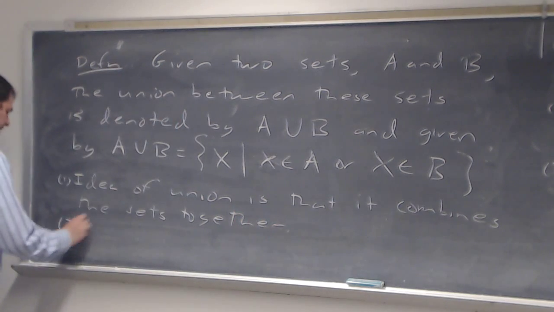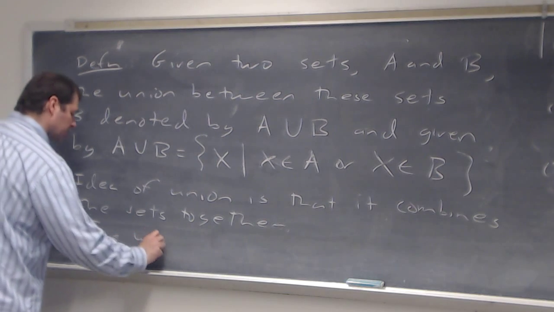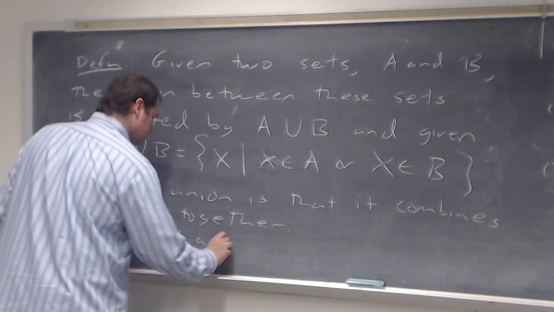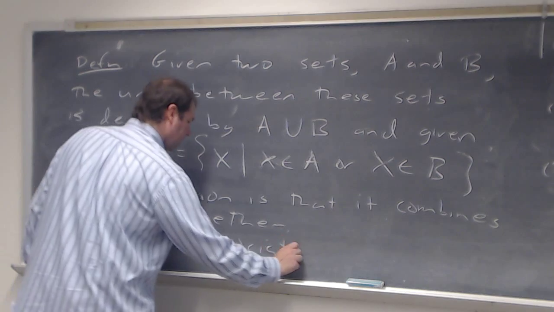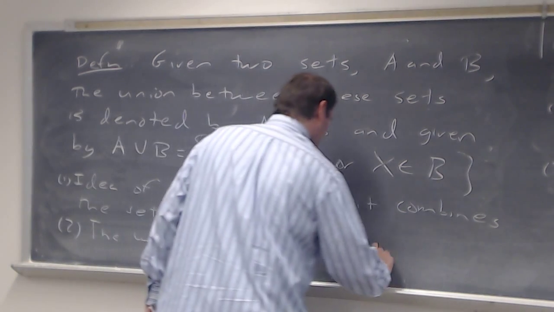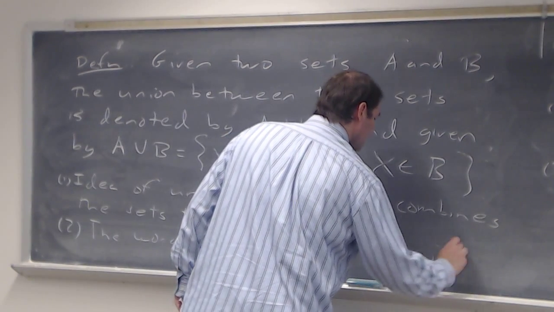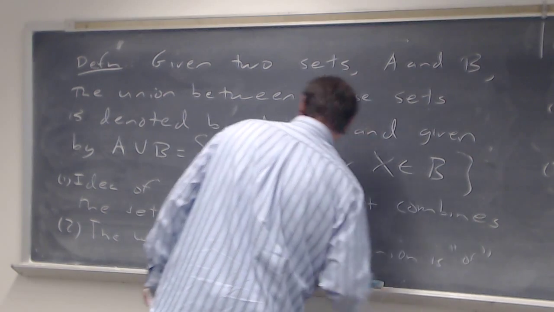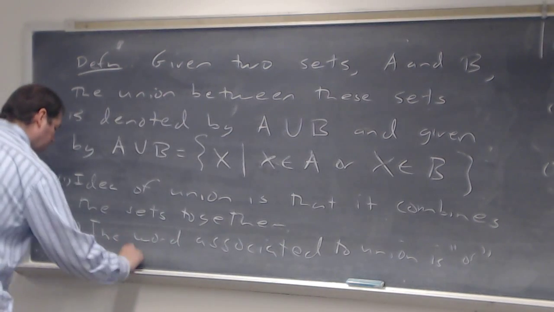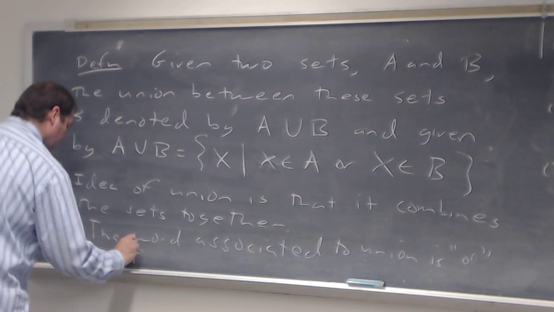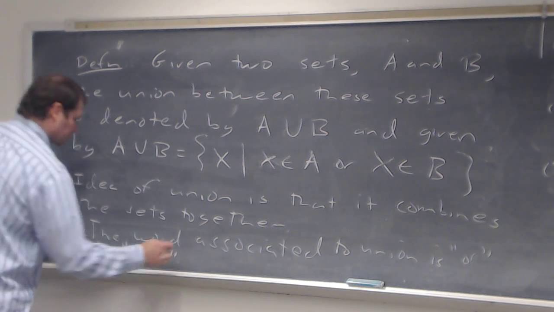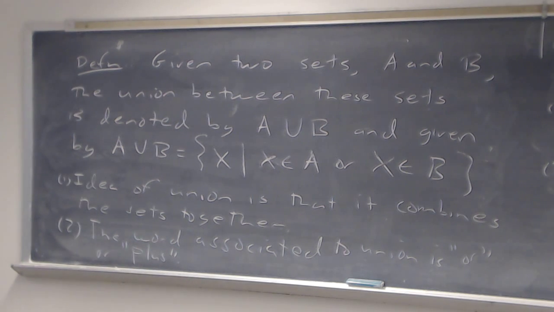The word associated with union is or. Sometimes we think of the word plus as well, but or is the more traditional math word that we use. Let's look at an example.